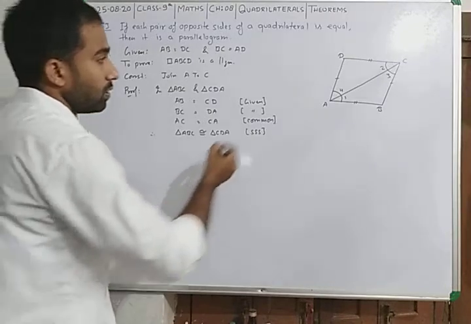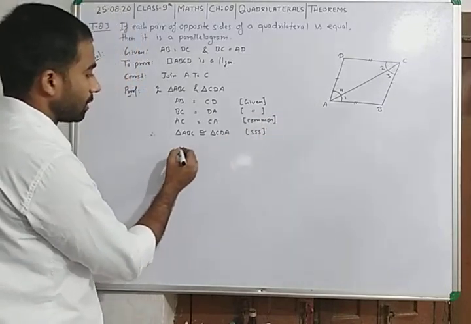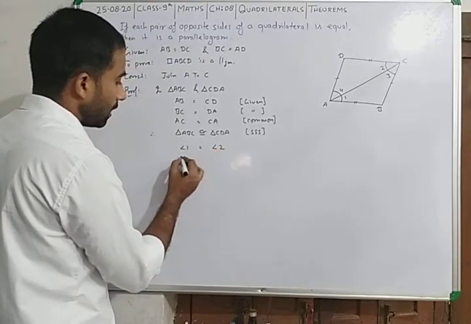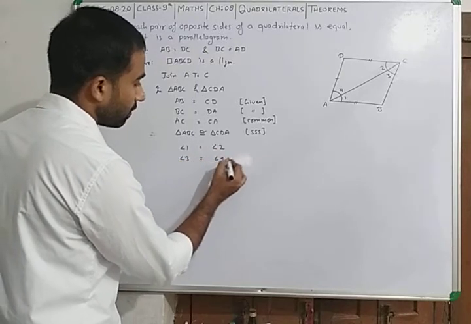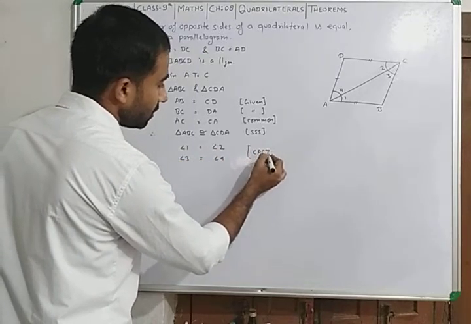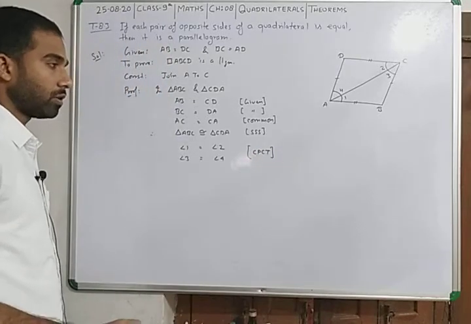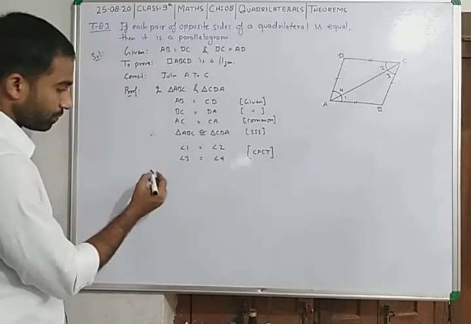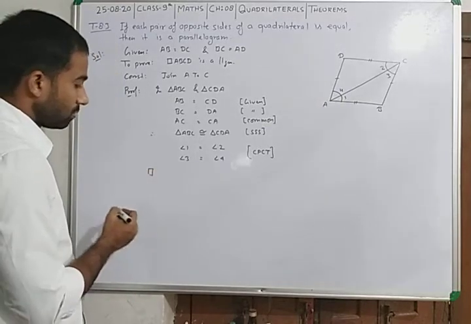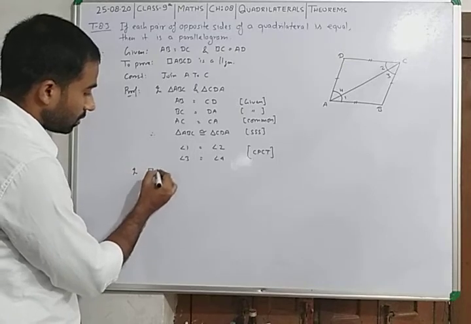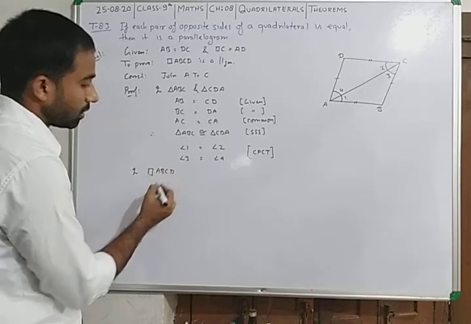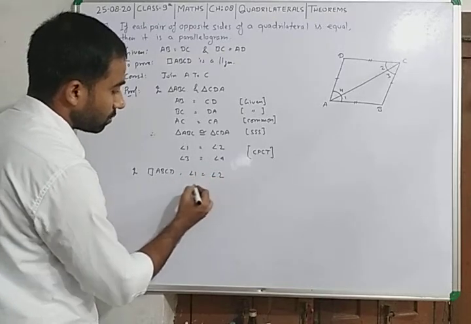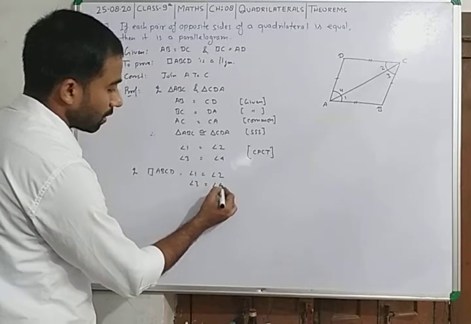Now we can write angle 1 is equal to angle 2 and angle 3 is equal to angle 4 by CPCT, corresponding parts of congruent triangles. Now again we will consider in quadrilateral ABCD, angle 1 is equal to angle 2 and angle 3 is equal to angle 4.